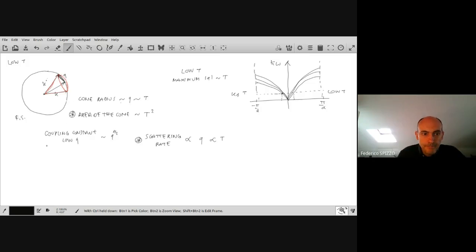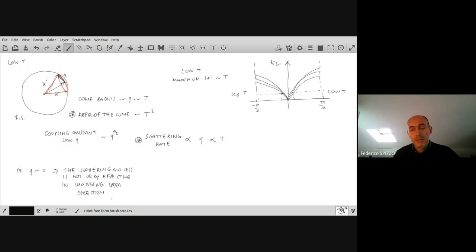So the point is that if Q is close to 0, then the scattering process is not very effective in changing the speed direction.